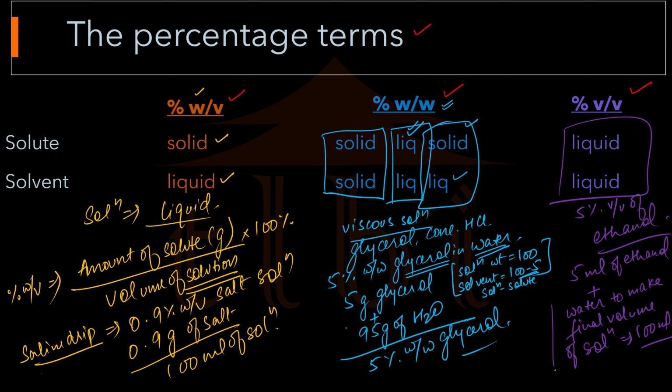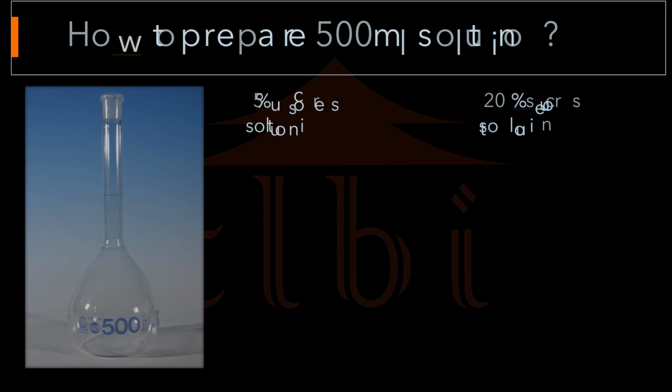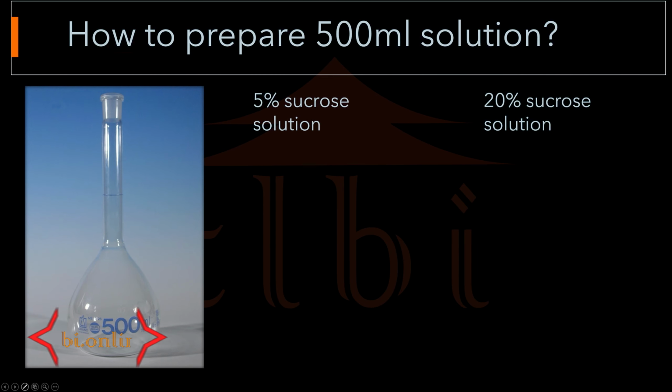Now this is slightly different than what we have seen in this case, okay? Now let me explain this further, okay? So how to prepare a 500 ml solution using a volumetric flask? What you are seeing here is called a volumetric flask, okay?